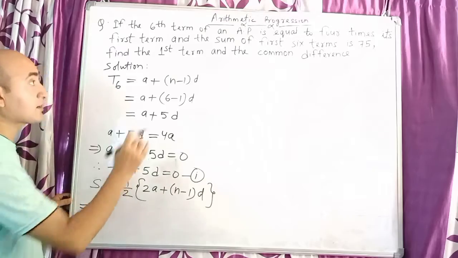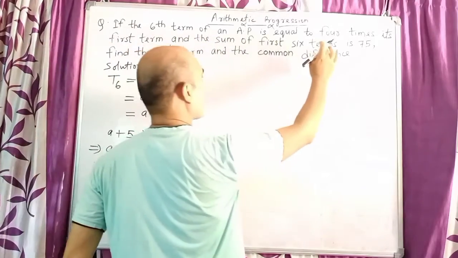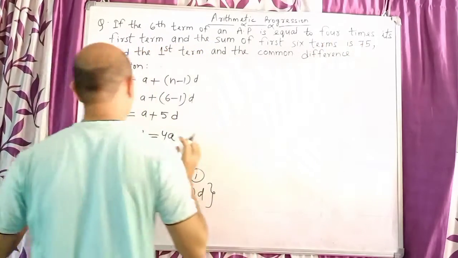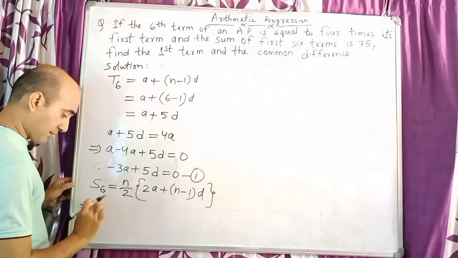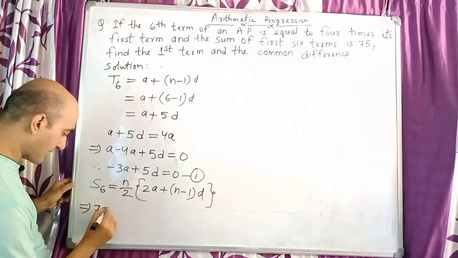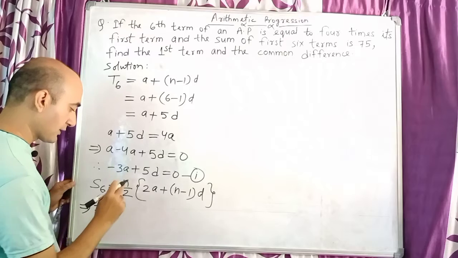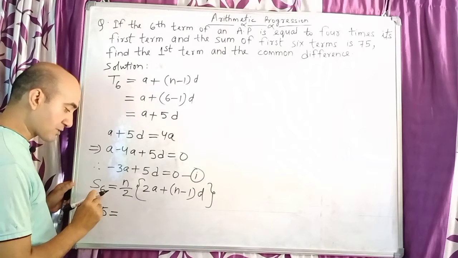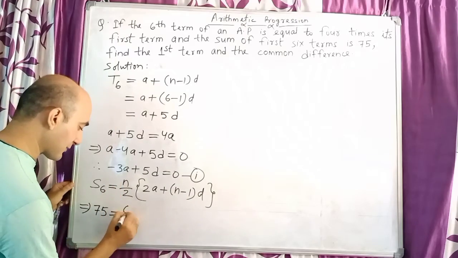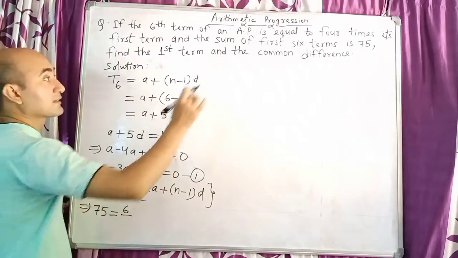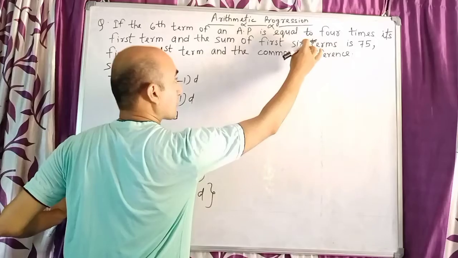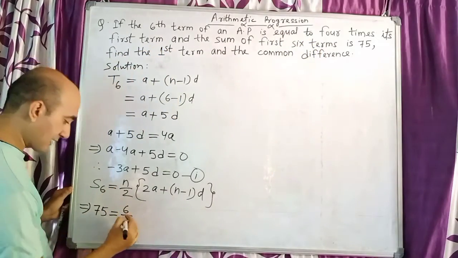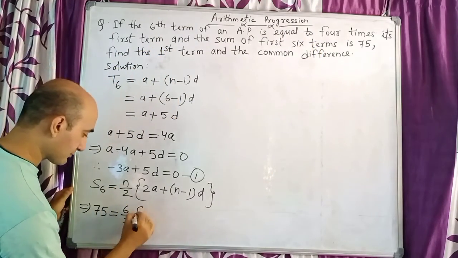Here the sum value is given. The sum of the first 6 terms is 75. That means the sum value will be 75. You write 75 and then equal to, as 75 is the sum of 6 terms, so n value will be 6 here, because 6 terms means value of n is 6, that is 6 by 2.